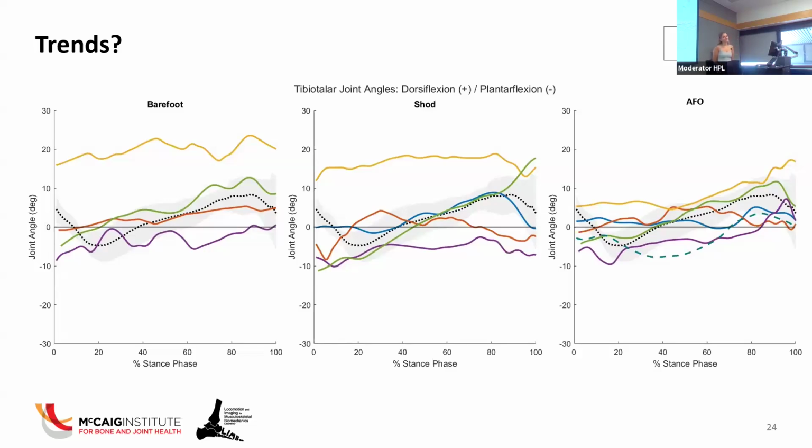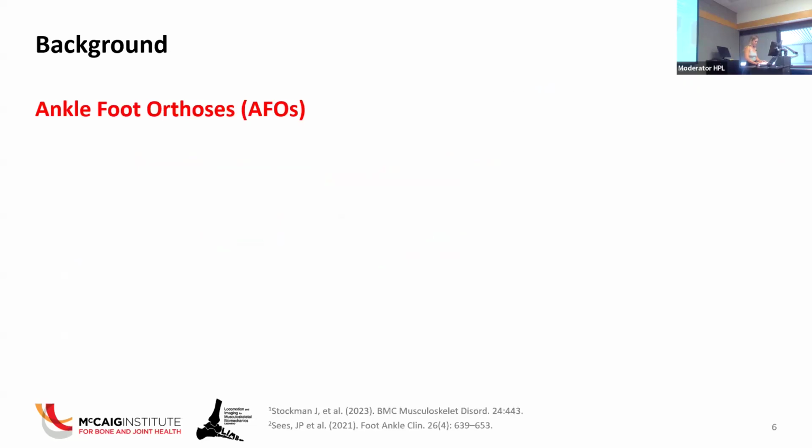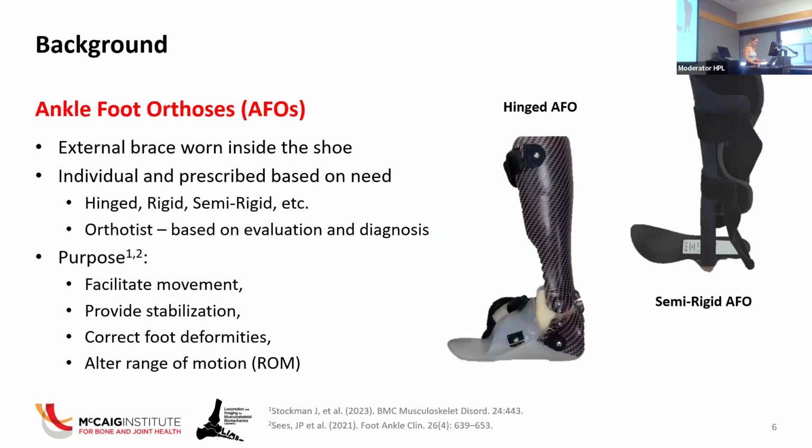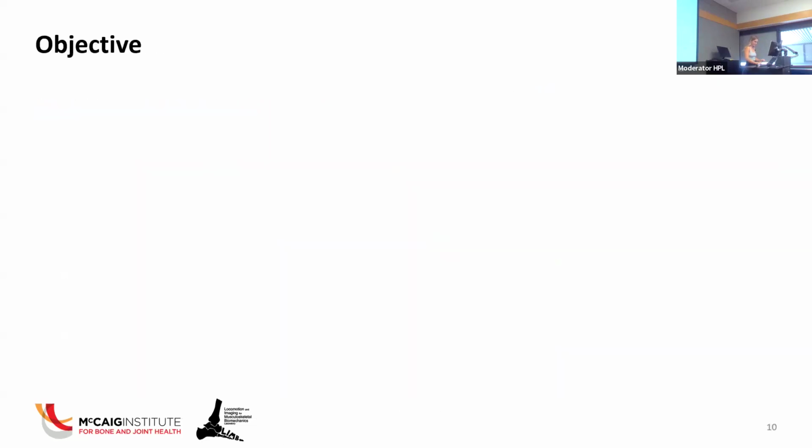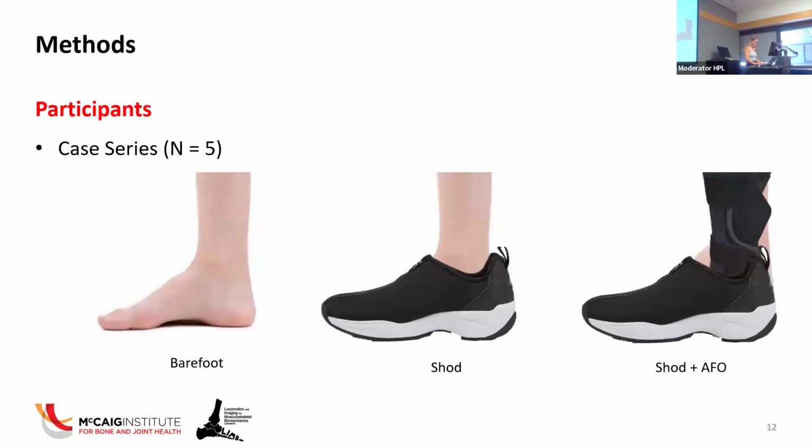Could you go to the diagram, dorsiflexion as a function of time, the first one that you showed? Sorry, I thought I had it. I can't get it. See all the slides.